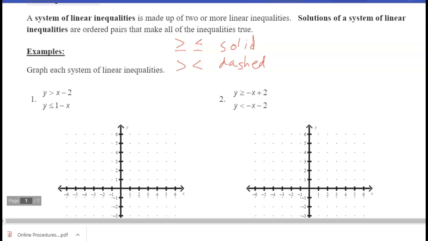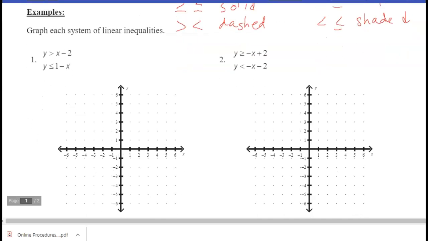And when it's a greater than or equal to, we shade above. When they're less than or less than or equal to, we shade below. I think most of you that uploaded those yesterday seem to be getting a hang of it. So I'll go through some examples today.